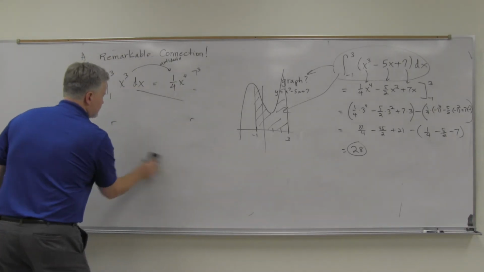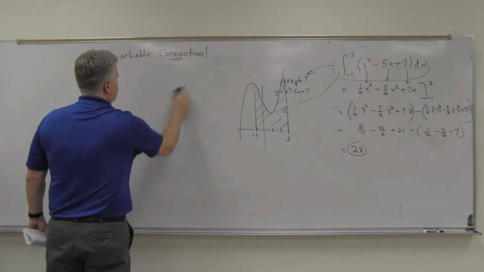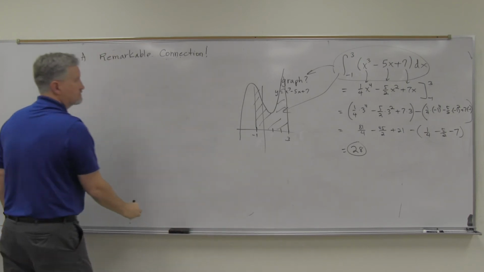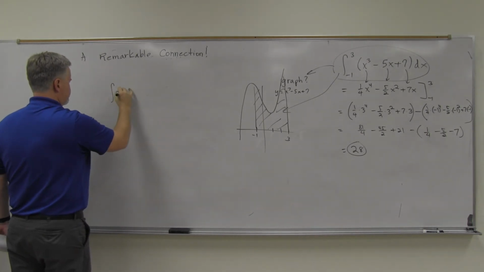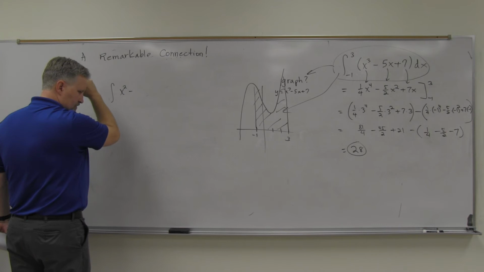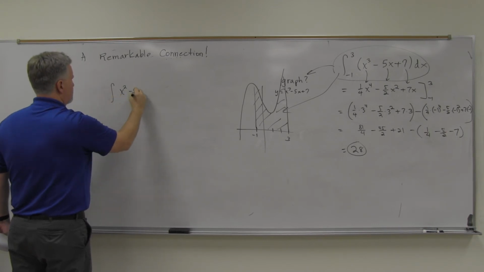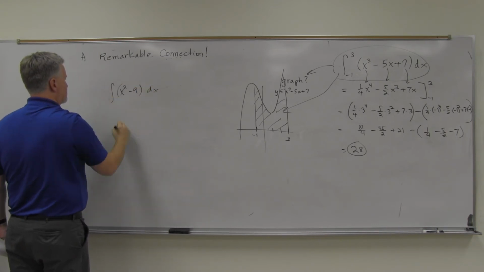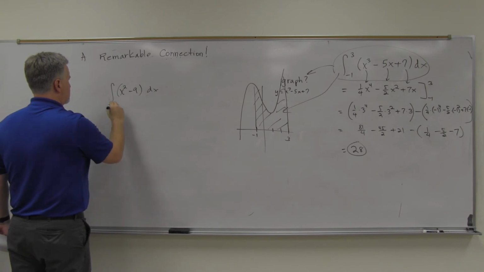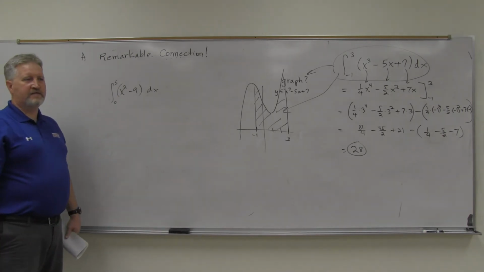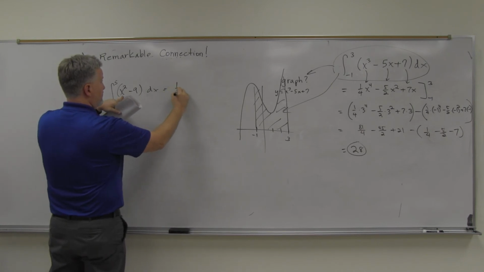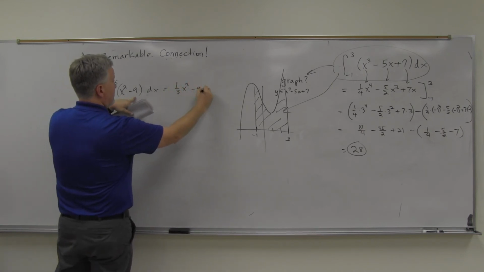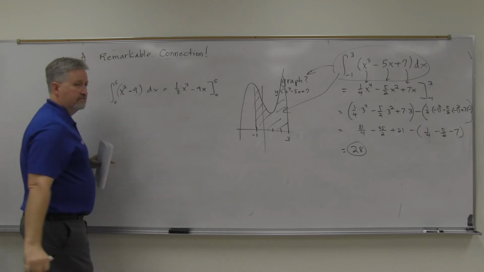Now, just to reiterate here, x squared minus 9, integral of that, well, it's antiderivative, it'd be 1/3 x cubed minus 9x, and then evaluate that from 0 to 5.